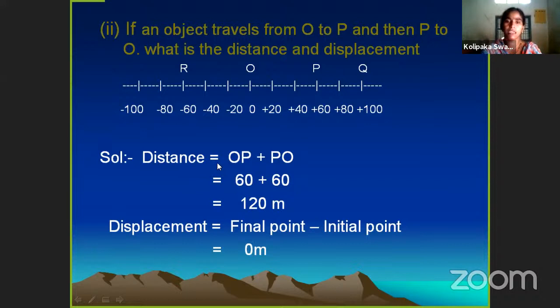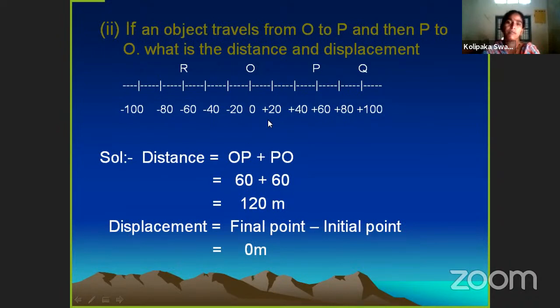Distance is equal to O to P plus P to O. The distance between O and P is 60 meters, and the distance between P and O is also 60. 60 plus 60 equals 120 meters. Meters is the unit of distance.